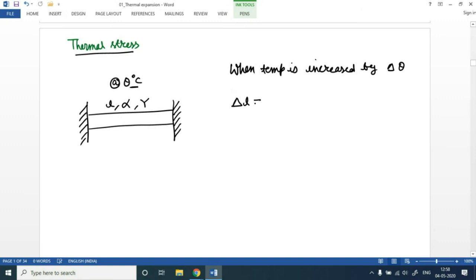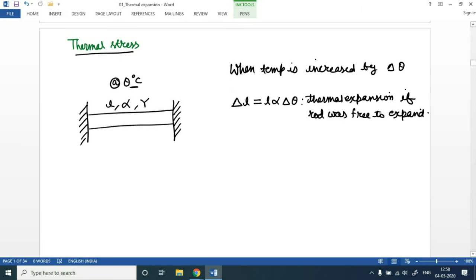Let's say delta L. Delta L would have been L alpha delta theta. And the thermal expansion formula we know, this is nothing but the thermal expansion if the rod was free to expand.